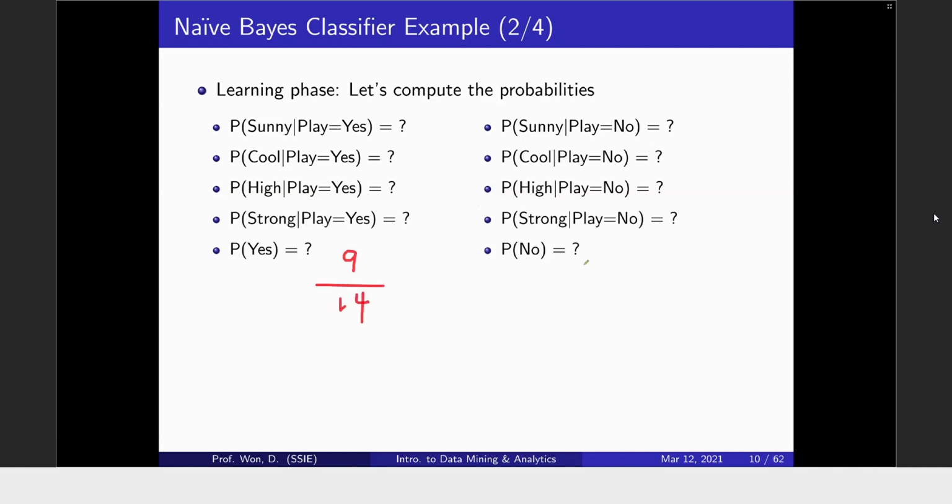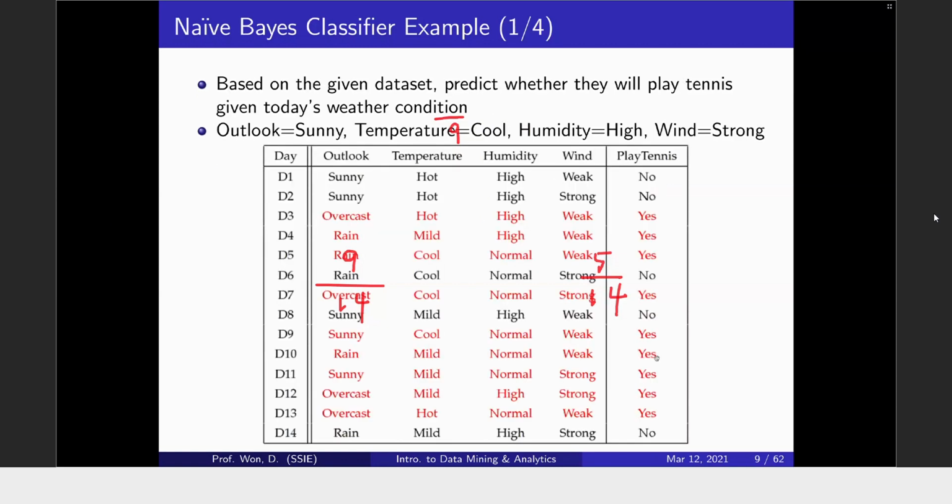And the other one is 5 divided by 14. And how about each kind of attribute? For example, if yes, what is the probability? Total is 9 yes. And how about sunny? Out of the yes cases, how many times do we have sunny?